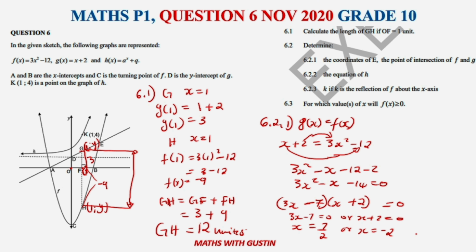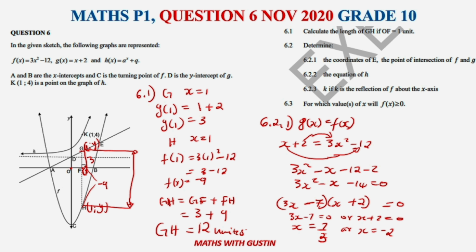Okay, great stuff. So now, what are we looking for? Coordinates of E. Sorry, this is divided by 3, yes, this 3, not 2. Now you can choose any equation and substitute to find the y value, because E is on both the straight line and the parabola.